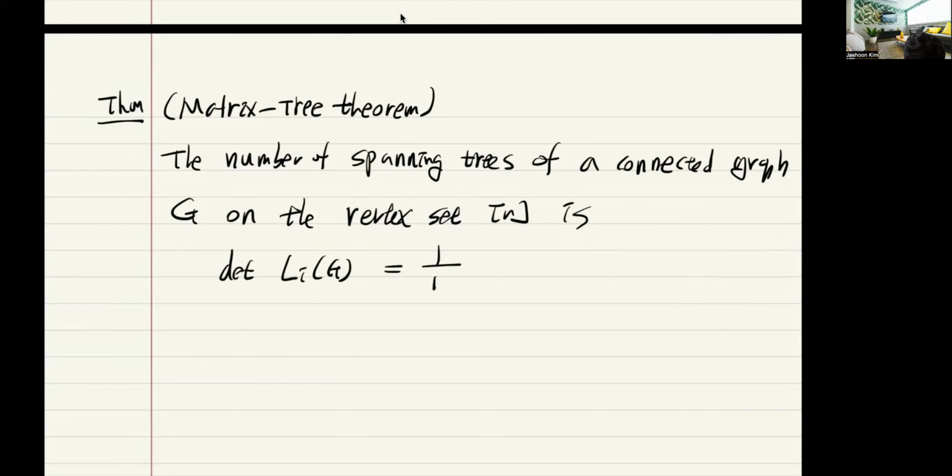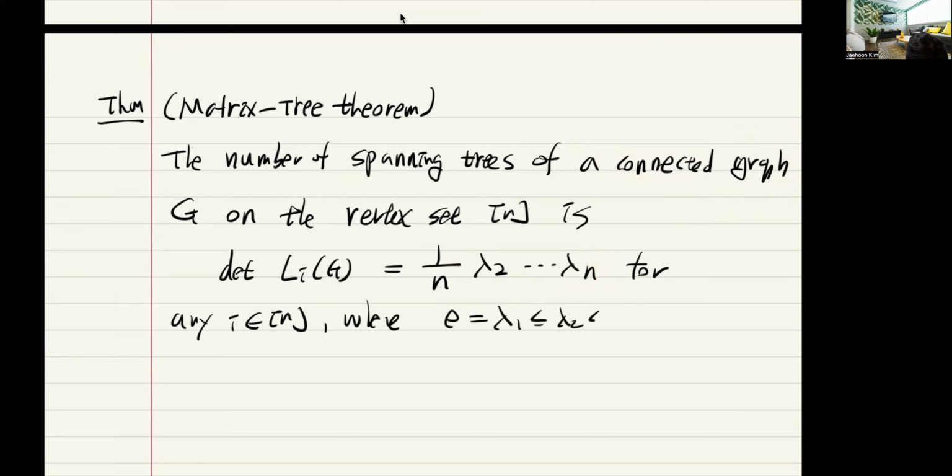And this is also equal to 1 over n times the product of all the non-zero eigenvalues. We know that this is a connected graph, so lambda 1 is 0, and the rest of them are all non-zero, for any i, where lambda 1, lambda 2, ..., lambda n are the eigenvalues of L_G.